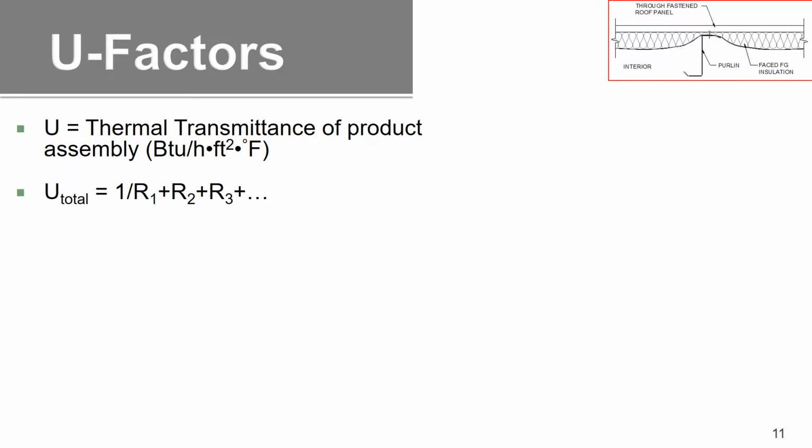The U-factor numbers that you'll see in the prescriptive table take a look at the framing, the fasteners, framing spacing, and the insulation, whether it's compressed or allowed to fully expand between the metal building secondary framing members. So it takes a look at all the various R included.